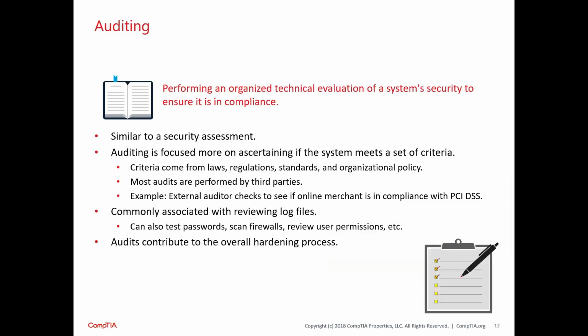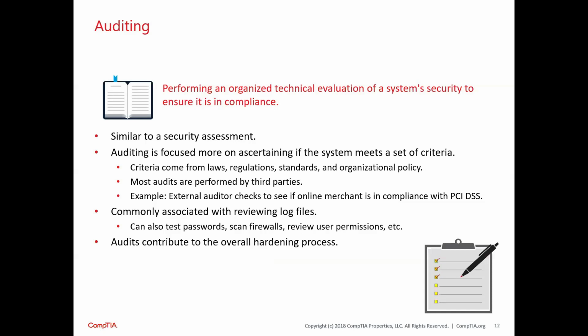Okay, now, auditing is performing an organized technical evaluation of a system's security to ensure it's in compliance. So we normally do validation by auditing the system. It's similar to a security assessment. In fact, auditing might also be part of the security assessment, but auditing focuses more on making sure the system meets a set of criteria.